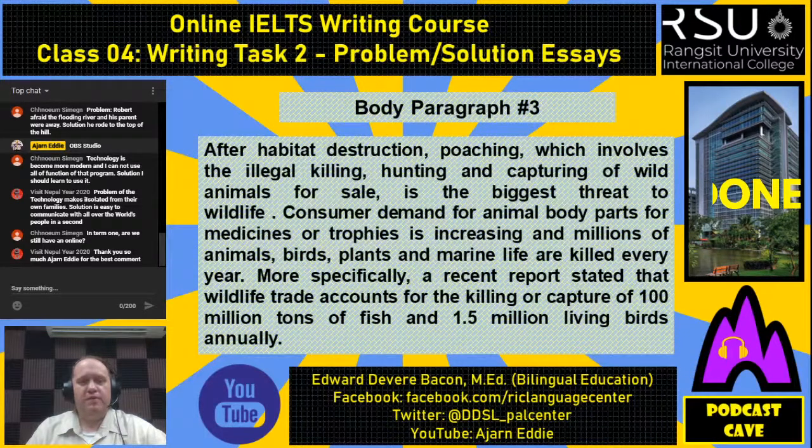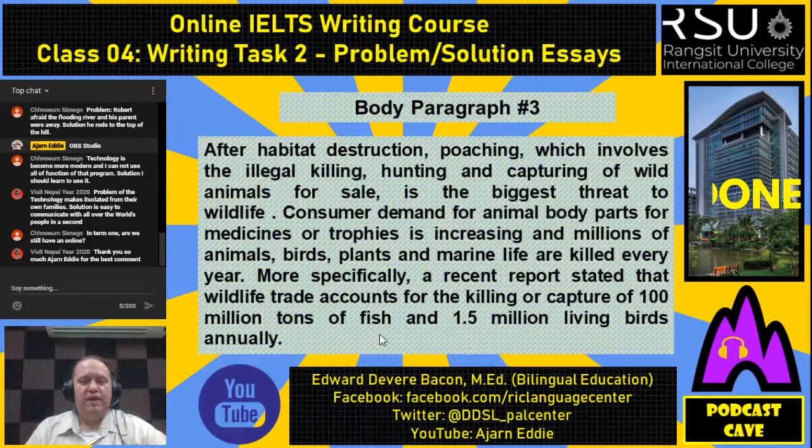Okay, body paragraph 3. After habitat destruction, poaching, which involves the illegal killing, hunting, and capturing of wild animals for sale, is the biggest threat to wildlife. Ooh, a little mistake there. There should be no space after the period. I'll have to fix that.